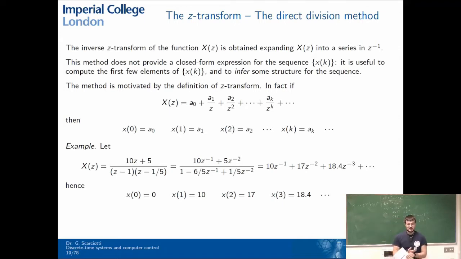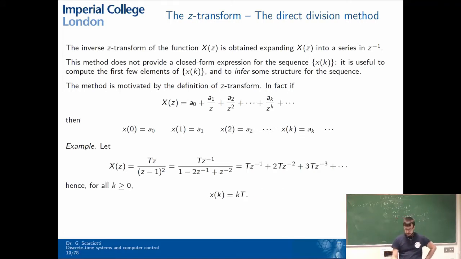Given these numbers, it's very difficult to understand which sequence, which x of k, produces them. Let's look at a different example in which we can actually infer the function that produces the sequence. The Z transform that we want to convert is Tz divided by (z - 1)^2.